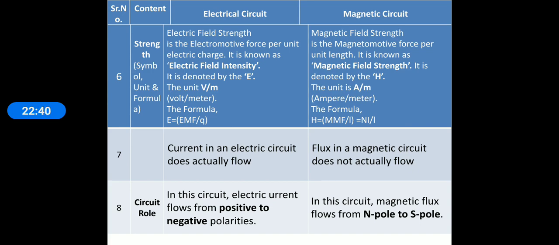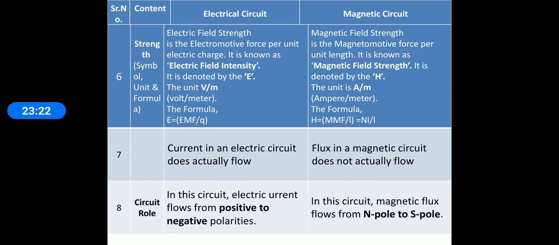It is denoted by H. The unit of magnetic field strength is ampere per meter, and the magnetic field strength is given by H equal to MMF by L, that is H equal to NI by L. L is the length of the magnetic circuit in meters.